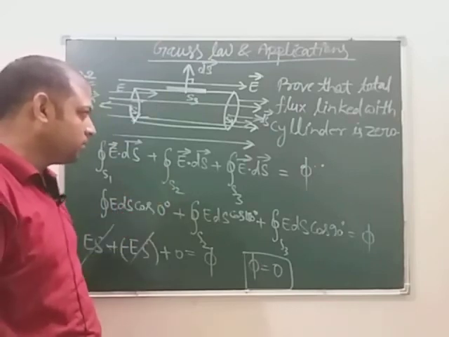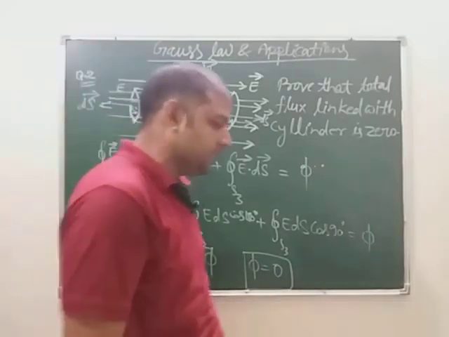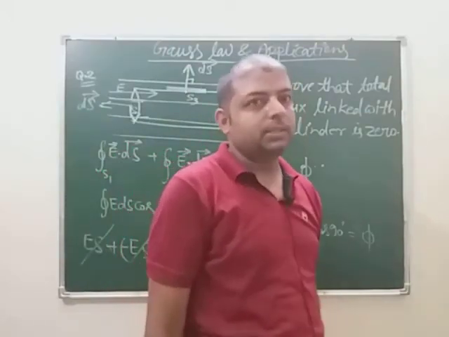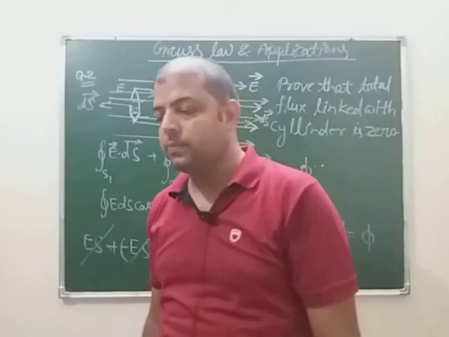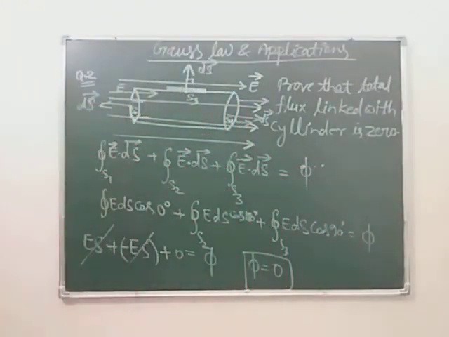It is called closed integration, the closed integration of any surface. What it means, I will explain in Gauss law. So first of all write down here that we have to prove that the total flux linked with it is 0, and we have successfully proved it.